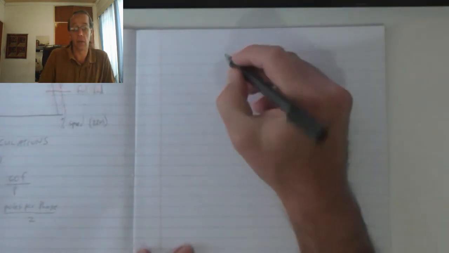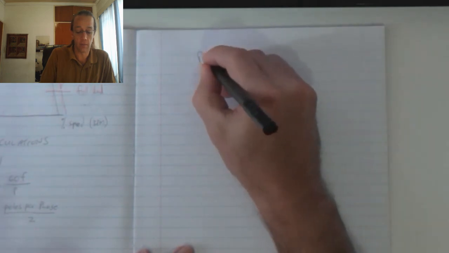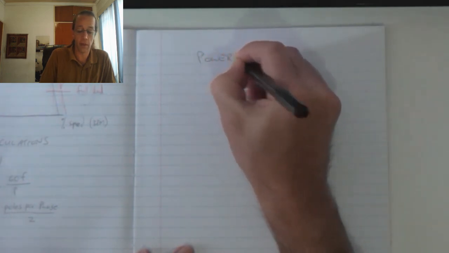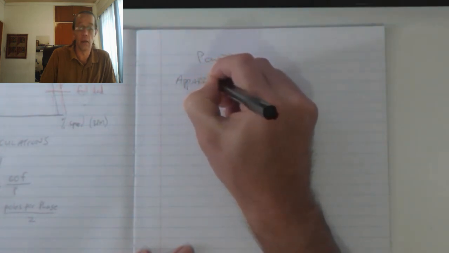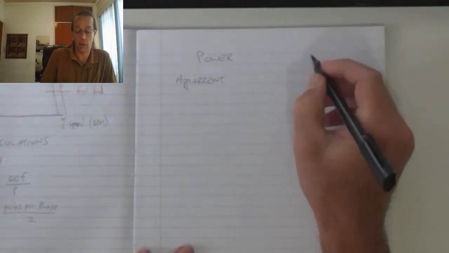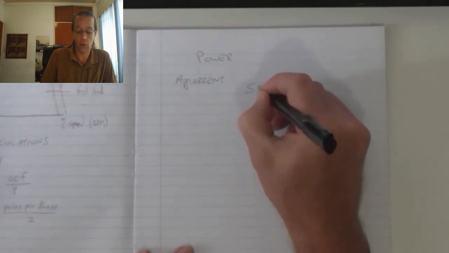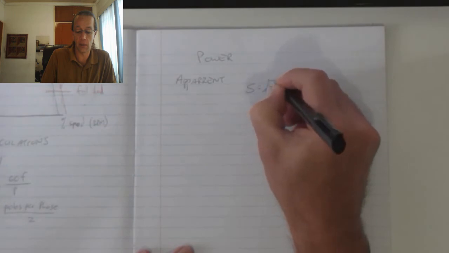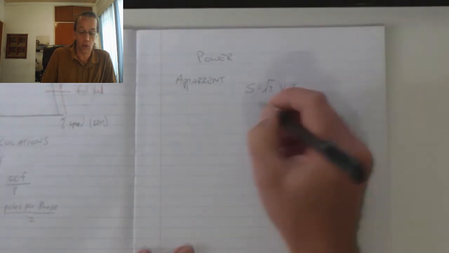To determine the powers, we've got 3 powers in our motor. First one is apparent, same as with the other 3-phase systems we've looked at. S equals square root of 3 multiplied by VL times IL.